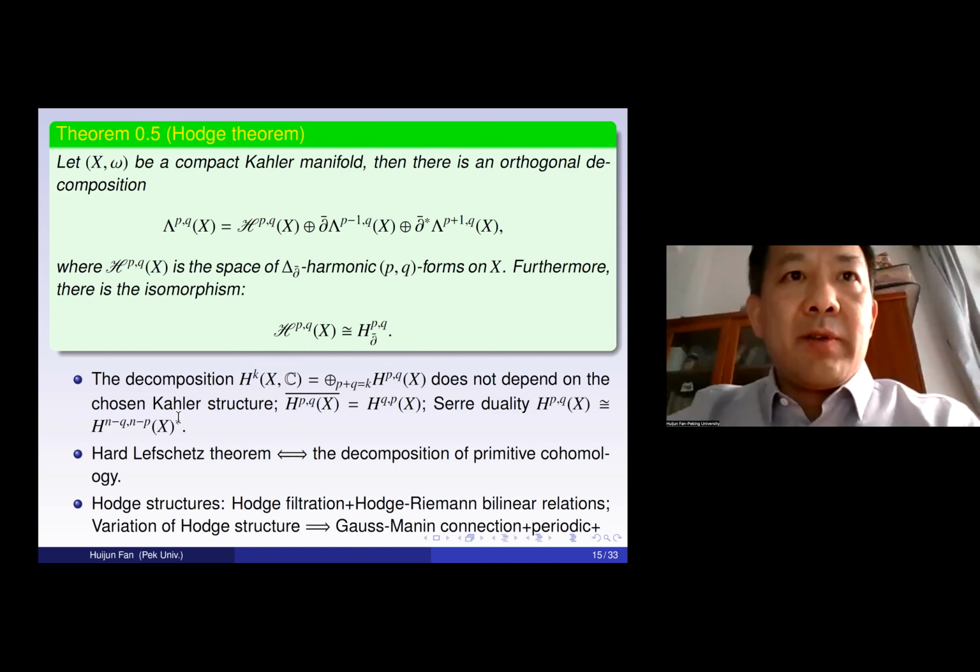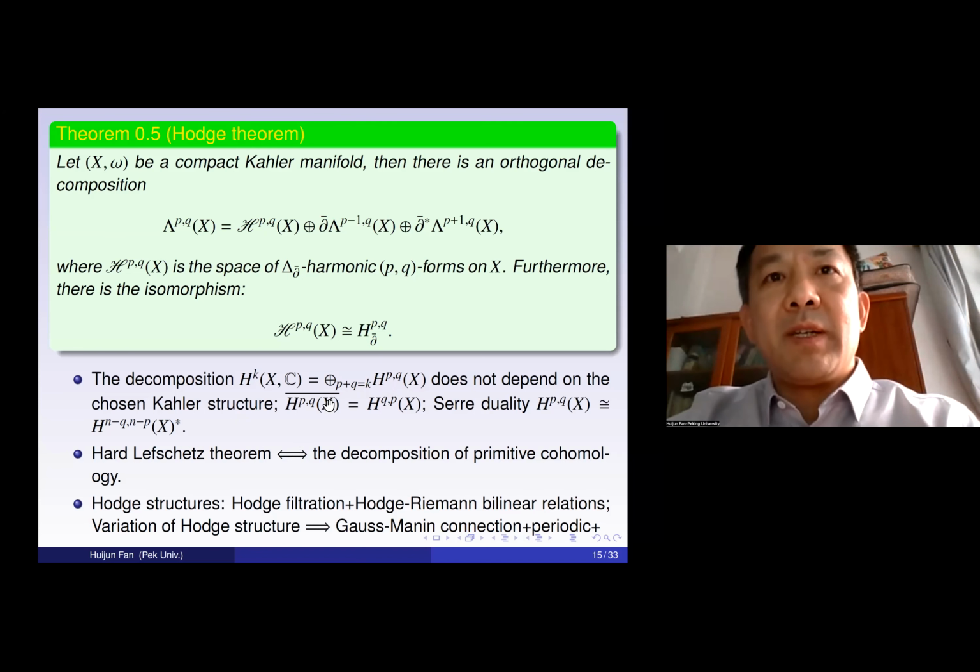And we have the following facts. The decomposition H^k(X, C) equals the direct sum of the following spaces. This decomposition does not depend on the chosen Kähler structure. It depends on the complex structure. We also have the complex conjugate relations, and the Serre duality, H^{p,q} with H^{n-q,n-p}.